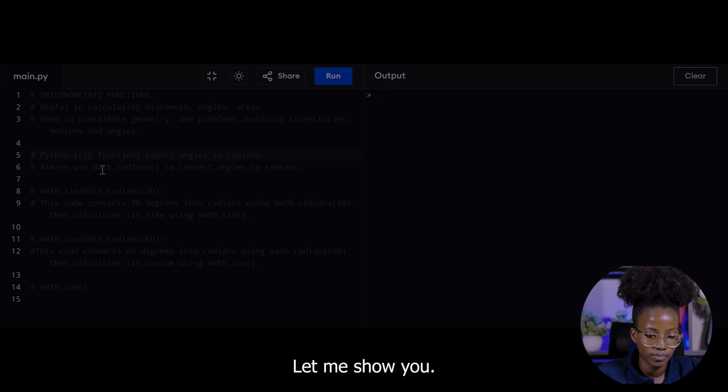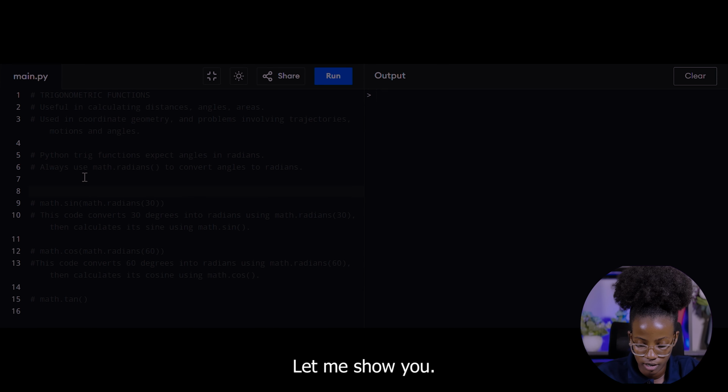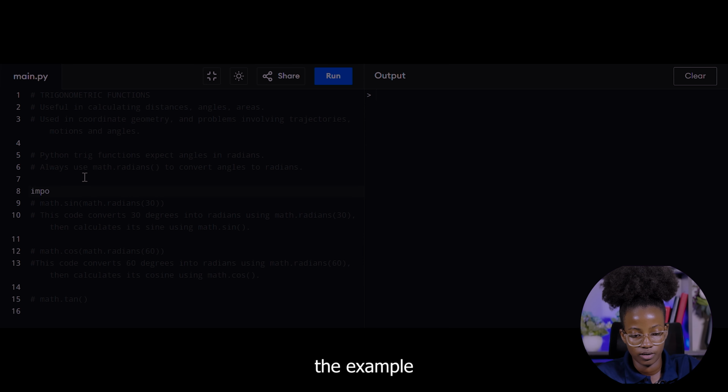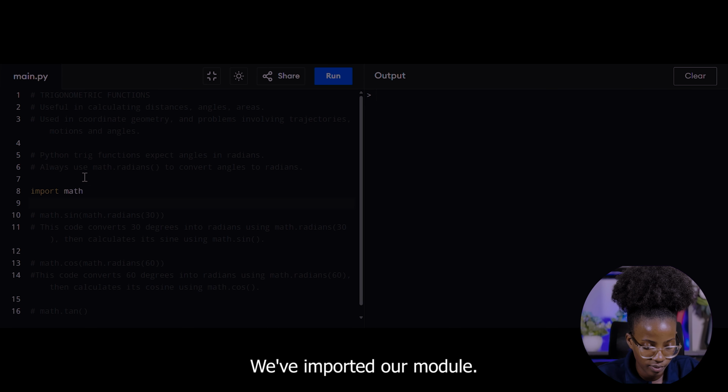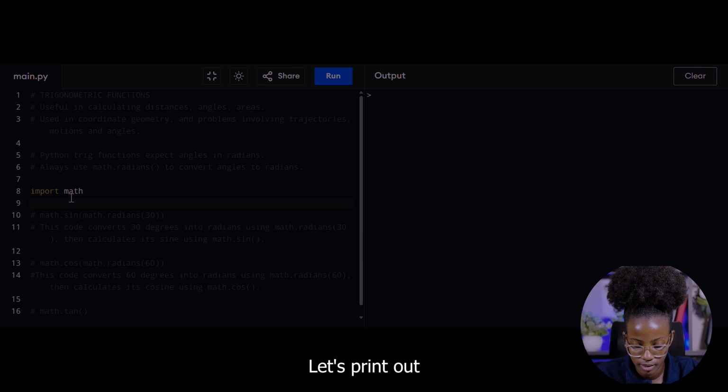Let me show you. In the previous video, I used the example of the sine of 90. Let me first import this. We've imported our module.